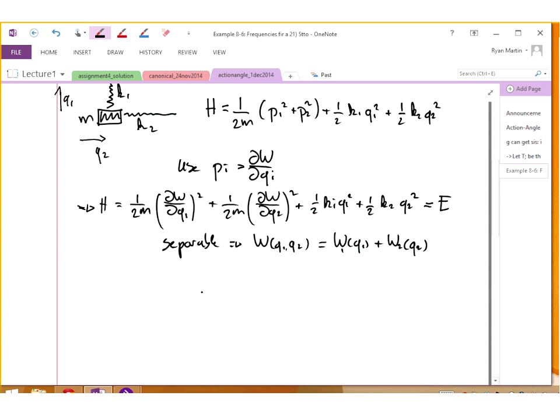So I can rewrite the Hamiltonian as 1 over 2m (dW1/dq1) squared plus 1 over 2m (dW2/dq2) squared plus a half k1 q1 squared plus a half k2 q2 squared equals E.